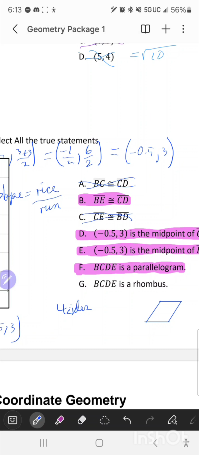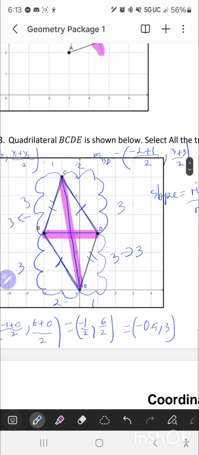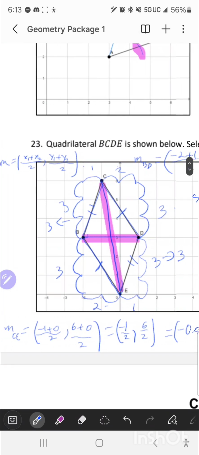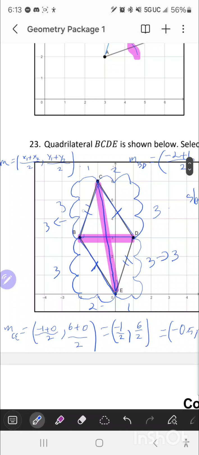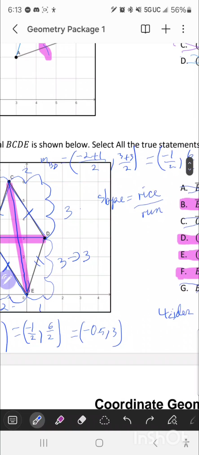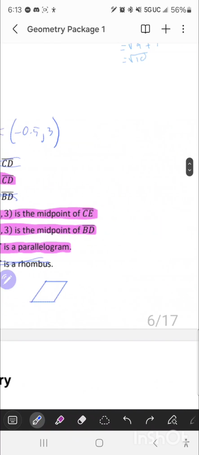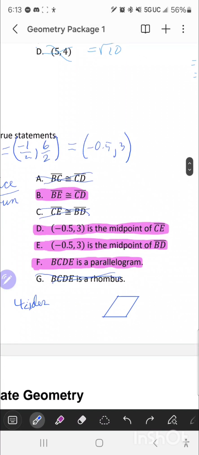We already see that BC is not equal to CD, so we cannot say that BCDE is a rhombus, because we already calculated that this side is not equal to this side, so it's not possible for it to be a rhombus. Yep, that's basically it for this one. So we got that B, D, E, and F are true, while A, C, and G are false.